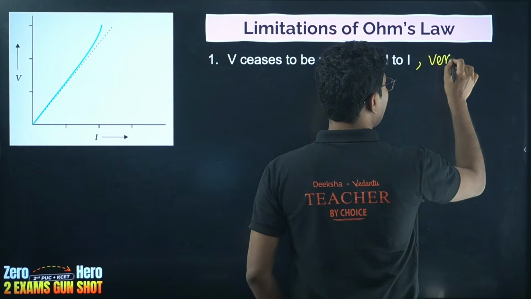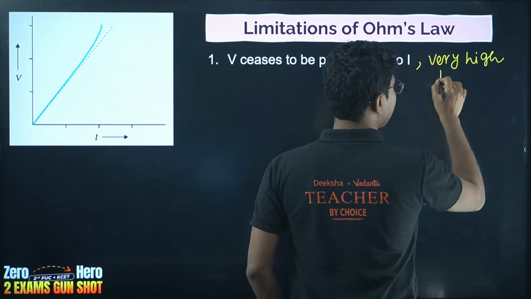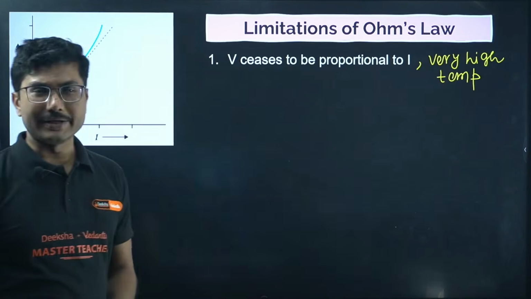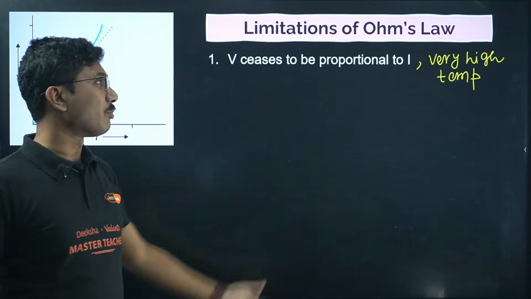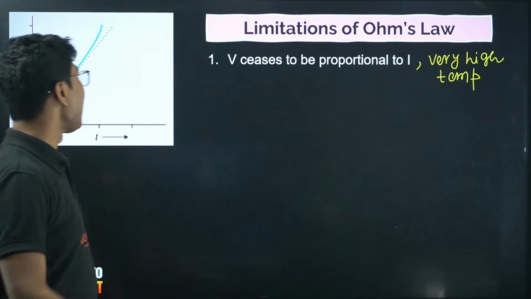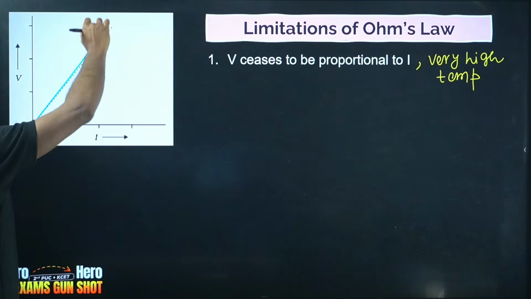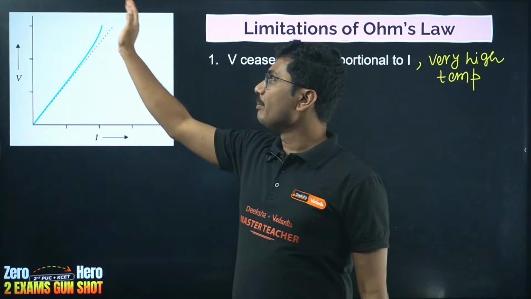So at a very high temperature, Ohm's law is not valid, because at very high temperature, V is no longer proportional to I anymore, and it is not a straight line graph anymore. The graph deviates from the straight line path, and it slowly becomes a curve.